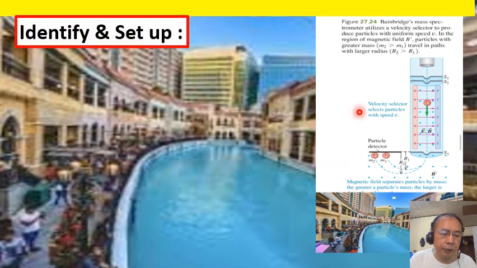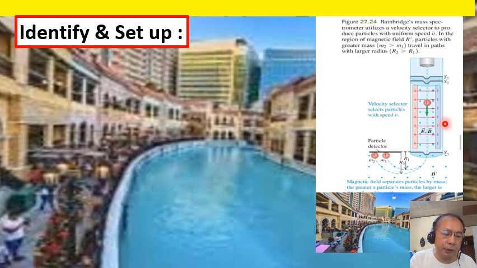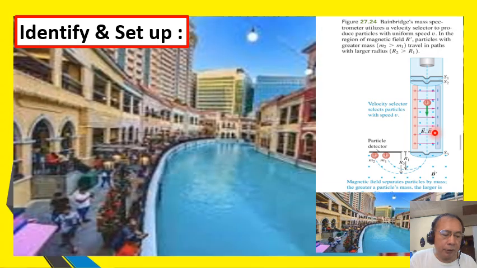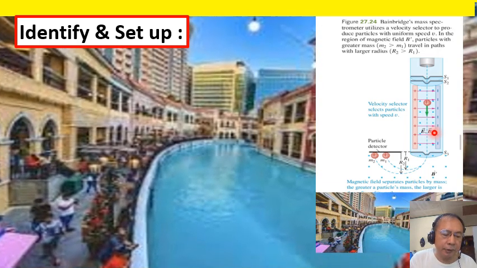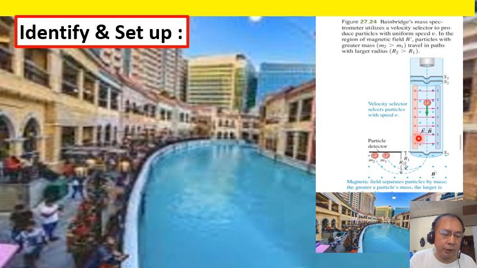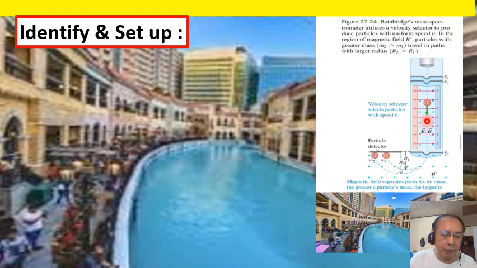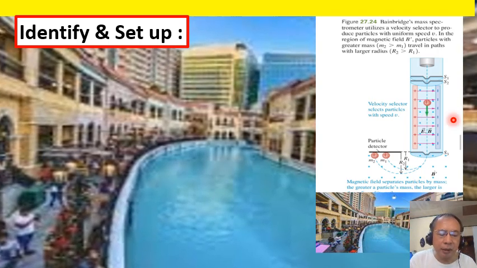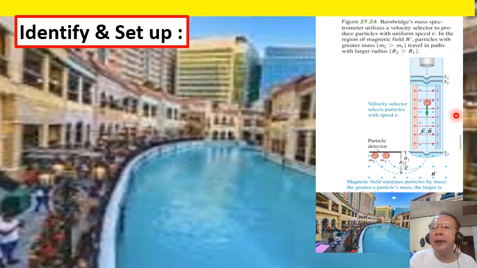As shown in the figure, one of the earliest modified versions of a mass spectrometer is the so-called Bainbridge mass spectrometer. It utilizes a velocity selector to produce particles with uniform speed. Positive ions from a source pass through the slits S1 and S2, forming a narrow beam.